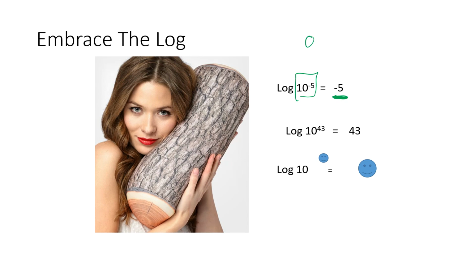So 10 to the minus 5 is this. And so the question is, if I take the log of that, what number did I have to raise 10 to, to equal this? And that's 10 to the minus 5. So the answer is minus 5. So log of 10 to the 43rd, basically whatever the power is, that's what the log of 10 to that power is. So log of 10 to the smiley face would equal the smiley face.